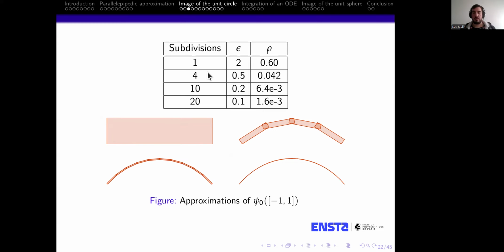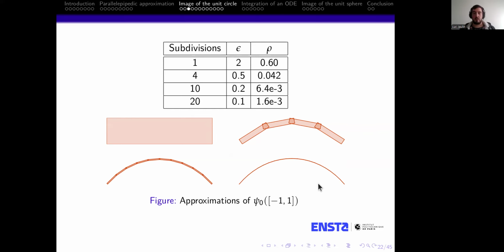As I subdivide, my inflation rho gets smaller and smaller. In the end, we have something that looks a lot like a quarter of the unit circle, and it's pretty thin.